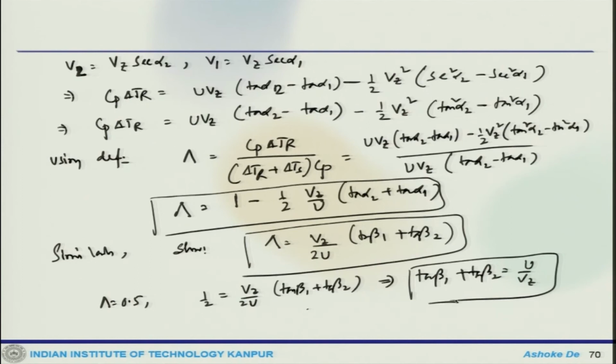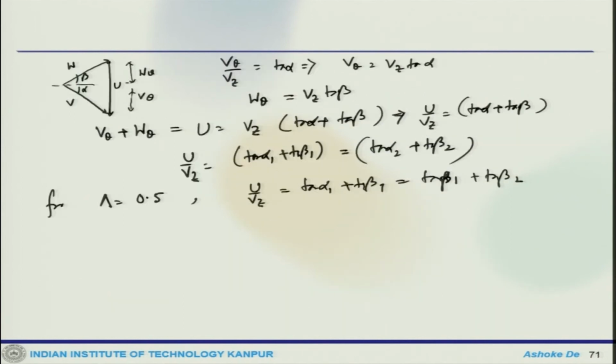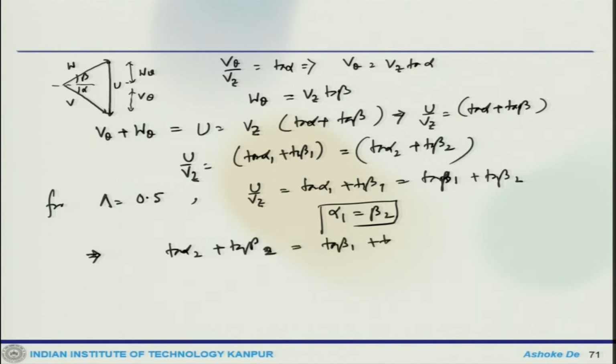So, if we put that, this gives me back that alpha 1 equals beta 2. Similarly, I can write tan alpha 2 plus tan beta 2 equals tan beta 1 plus tan beta 2, which will provide me alpha 2 equals beta 1. So, these are the conditions when you have 50% degree of reaction.